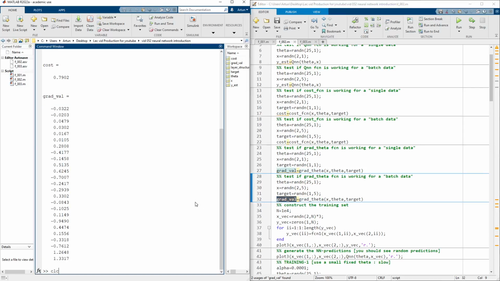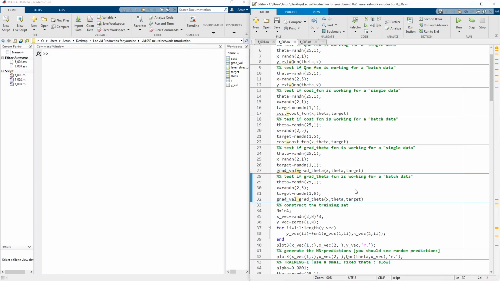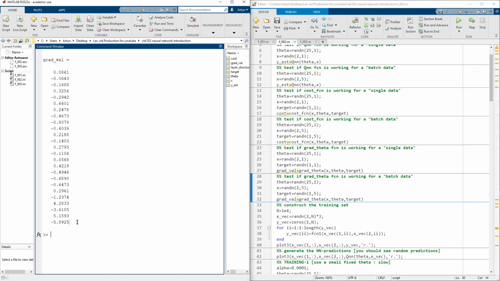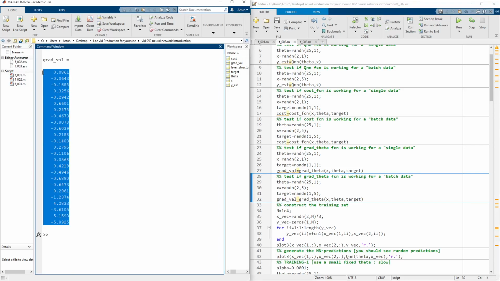Let me clean that and run that. Again we see a vector, and we will move along the opposite of that direction. This is a vector, this is a direction. We will update our theta values. Anyway, we will talk about that more.